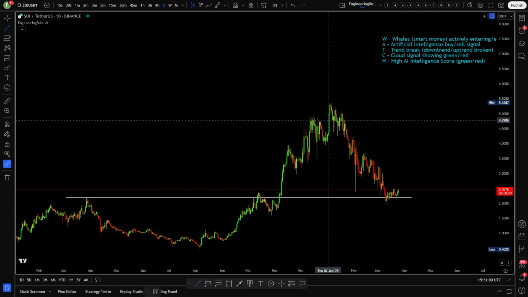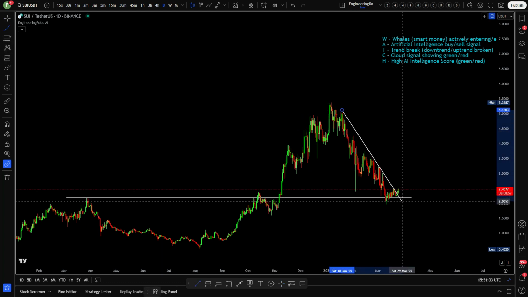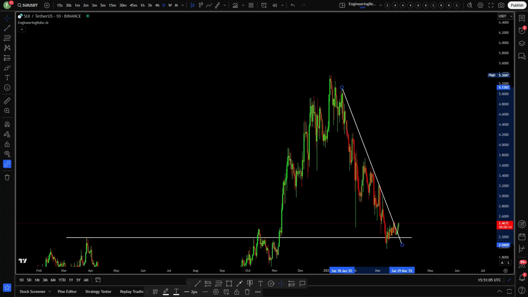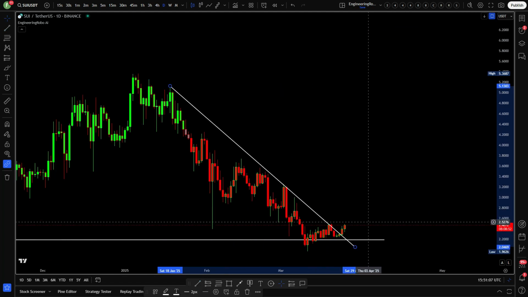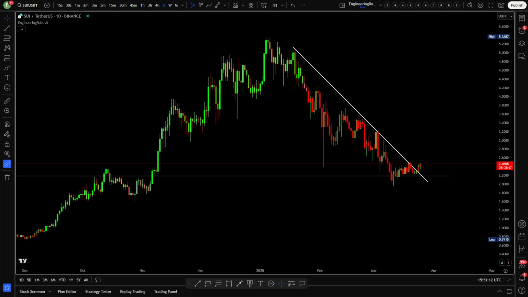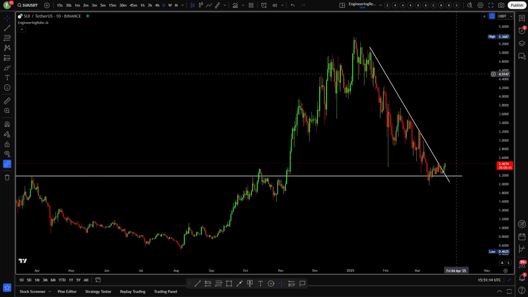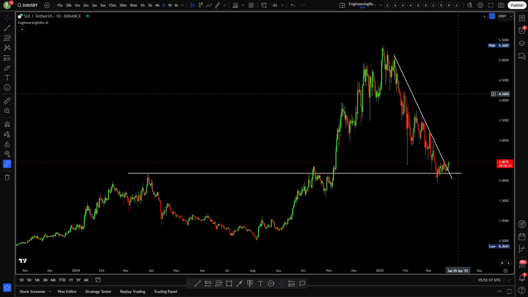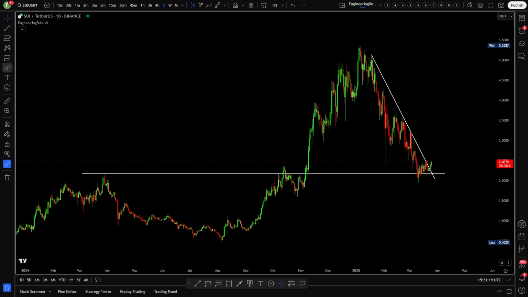If I draw a momentum line going downwards, we can see that price has just broken out of that downward momentum line, which is what's interesting to me. So before we switch on our EngineeringRobo, let's just take stock of what's actually happened. Price previously came up to the $2.18 area, this is on Binance, and dropped downwards.